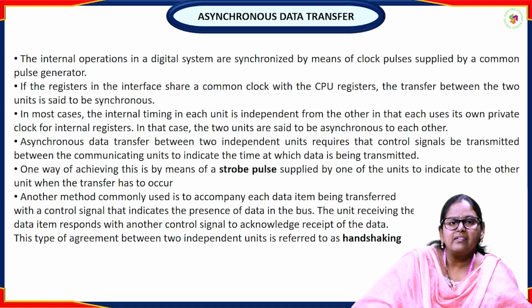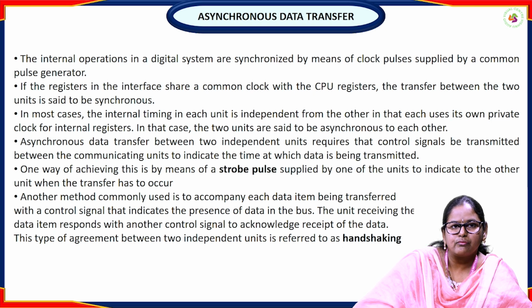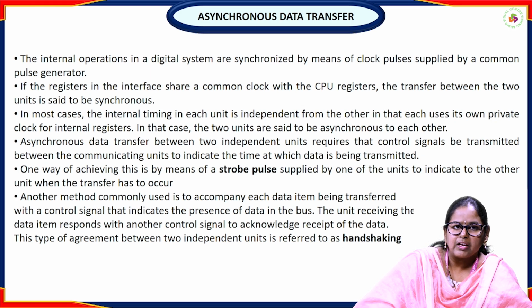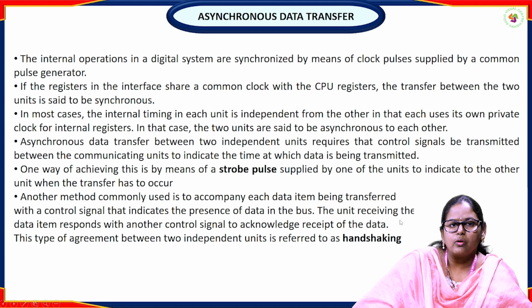Data transfer happens from source to destination. Here we will see how exactly data transfer happens from the source unit to the destination unit in asynchronous mode, when each unit has its own clock generator generating the clock pulses. And as I have told, we will be using strobe pulses and handshaking pulses.